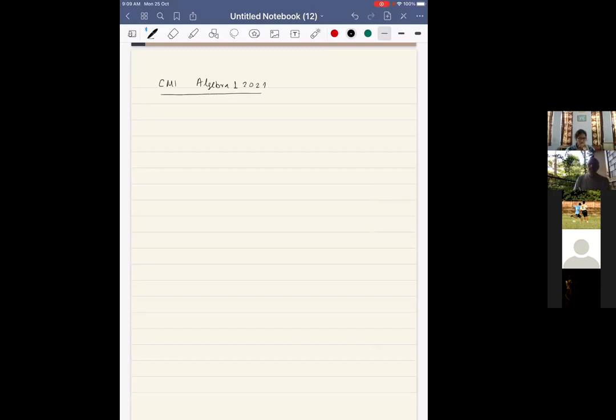So we are going to continue our study of row reduction. So the big topic is row reduction. The idea is that you start with an m cross n matrix.